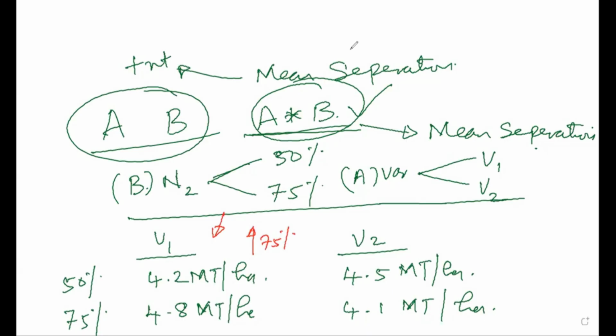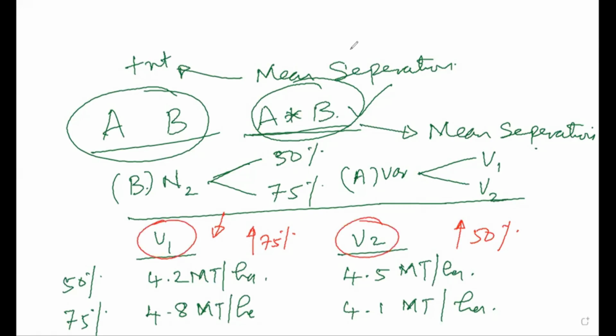Let's talk about variety 2. In variety 2, which nitrogen level gives the high yield? 50%. You see, this is what we call interaction. Maybe my example numbers may be wrong, but you see, results are different for variety 1 and variety 2.